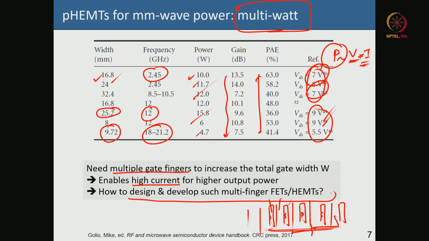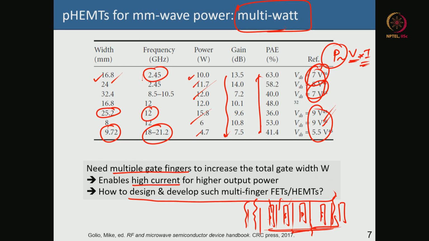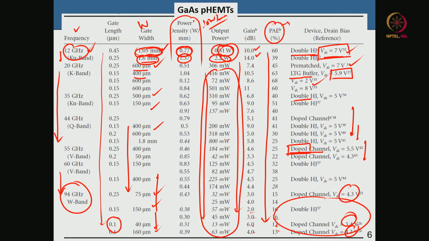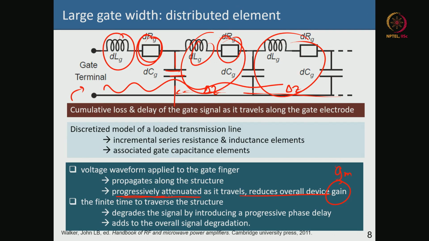Because it is attenuating, the gain gm and even the large signal gain will drop. That is why with larger gate fingers, your gain will drop. You can see the gain was higher here, of course at higher frequency the gain will always drop. So, this is because of the progressive attenuation of the signal as it goes along the gate.